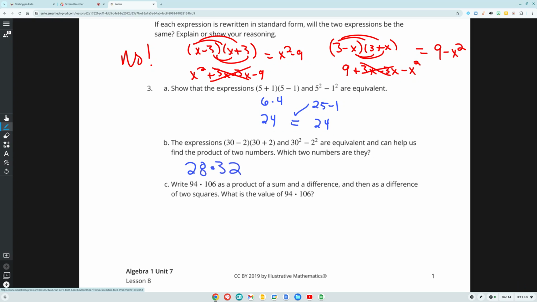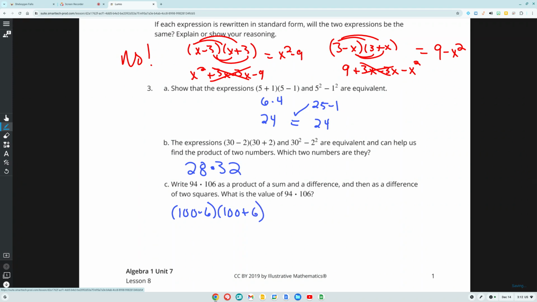C says write 94 times 106 as a product of a sum and a difference as conjugates, and then as a difference of two squares. What is the value of 94 times 106? Well, I can tell that 94 and 106 are both 6 away from 100. So I really have 100 minus 6 and 100 plus 6. There they are as conjugates.